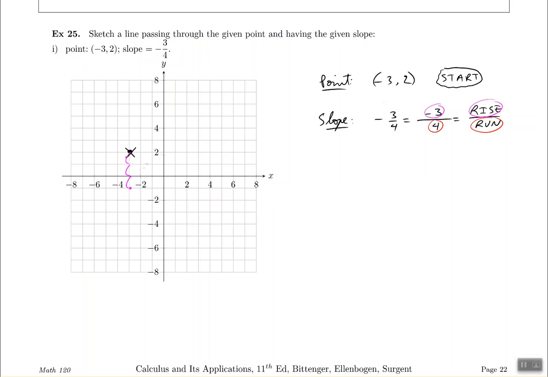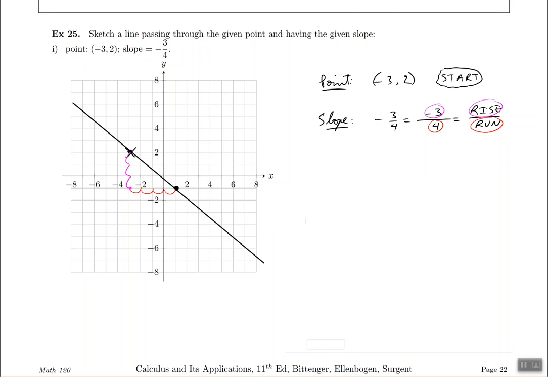Again, the run could be positive or negative. If the run is positive, I have to move in the positive direction on the x-axis. And the positive direction is to the right. So I'm going to go from that spot 4 times to the right. 1, 2, 3, and 4. And this is the final point where I get to. So connecting those two dots together gets me the graph of the line, basically.